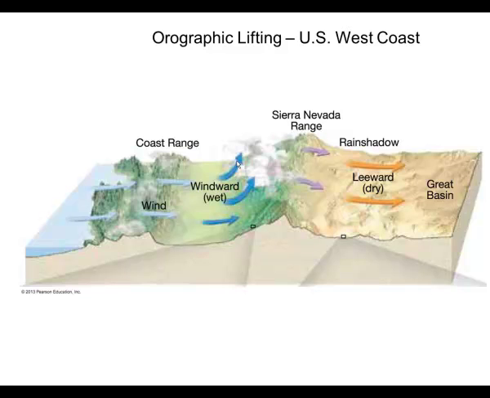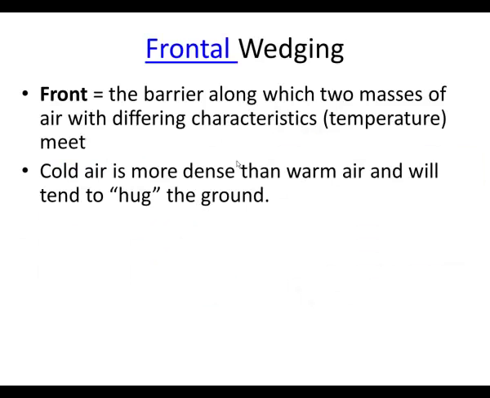Then that chunk of air will continue to go downwind, go east with the prevailing wind. And over here it's basically cried itself out, so it's pretty darn dry. Not to mention if you get any sort of descending air, it's going to get nice and toasty. Desert? Sound like a good place for a desert? Yeah. Rain shadow side because of the lifting that occurred on the windward side.